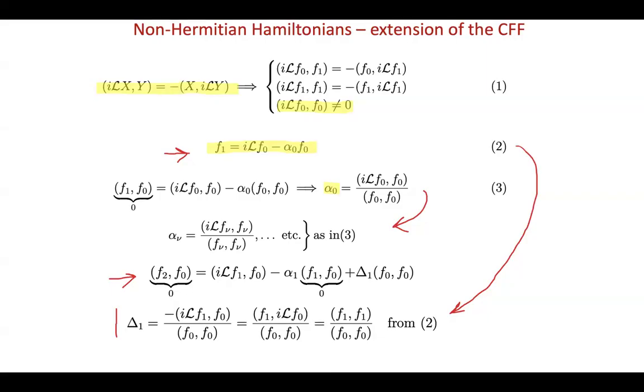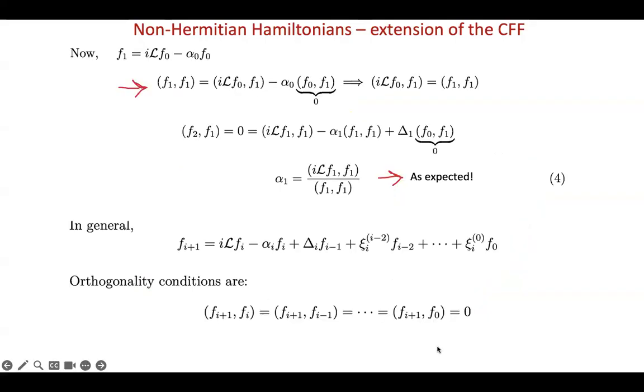But that doesn't mean the F nu definition remains the same. F nu definition is generalized, but delta nu definition is the same. And now you have a different alpha nu, and that is your alpha nu. So the recurrence relation that you get for the non-Hermitian system is a little bit trickier, but you get the results just fine. Of course, it affects the calculations also.